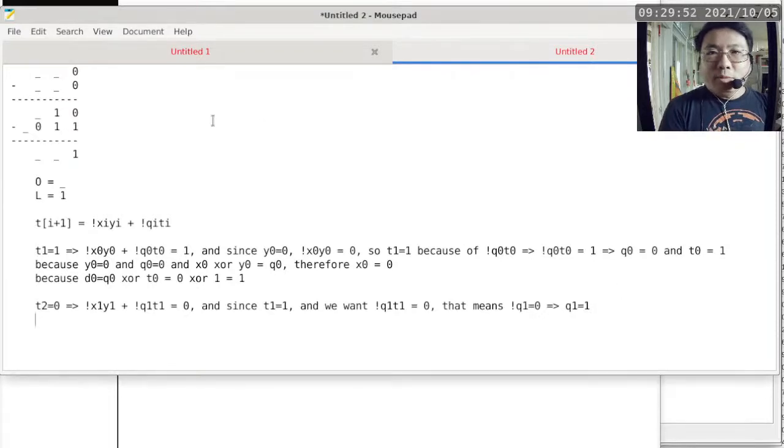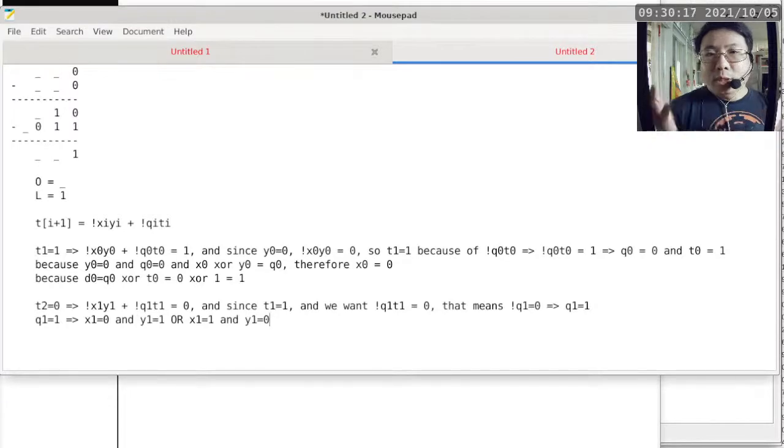So now what do we do? Well, we need Q1 to be a 1. So Q1 is a 1. What does it imply? Well, one of two things, right? It implies x1 is a 0 and y1 is a 1, or x1 is a 1 and y1 is a 0.